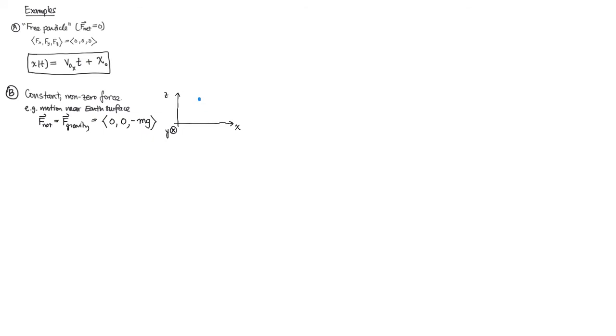So we have x to the right, y into the page, z pointing up. And this ball is going to feel a net force, which is the force of gravity in the downward z direction. Okay, and we can take g to be, well, we're not going to use numbers at this point, but g is about 10 meters per second squared.